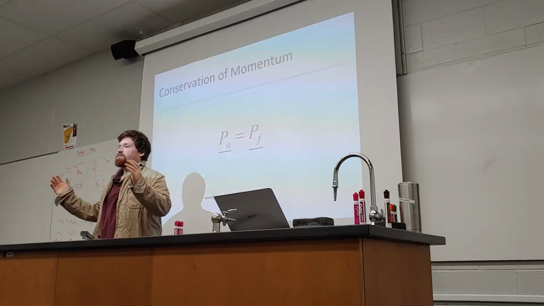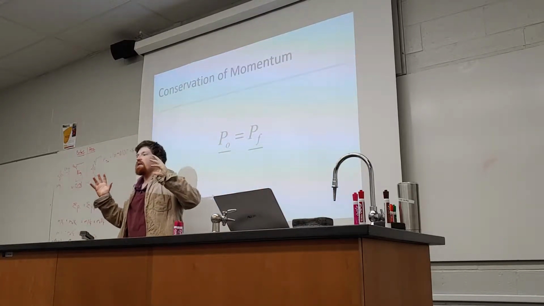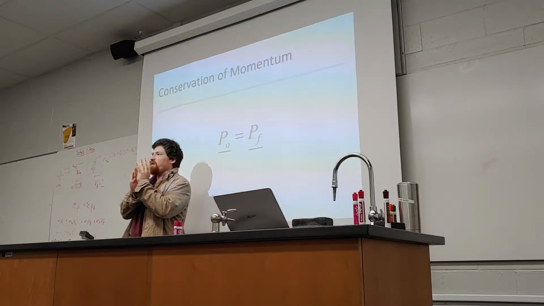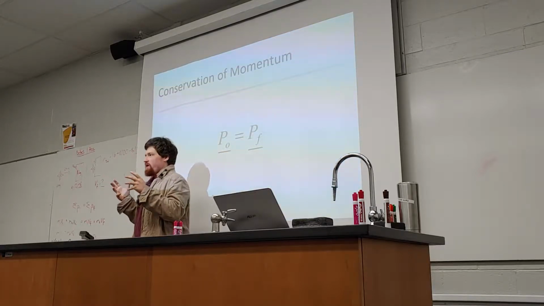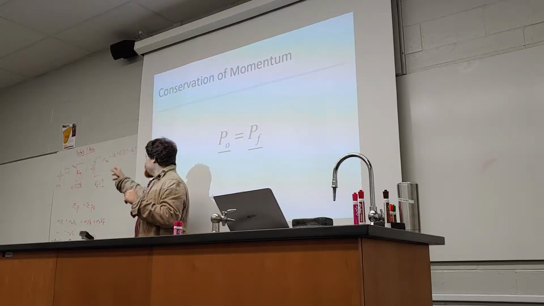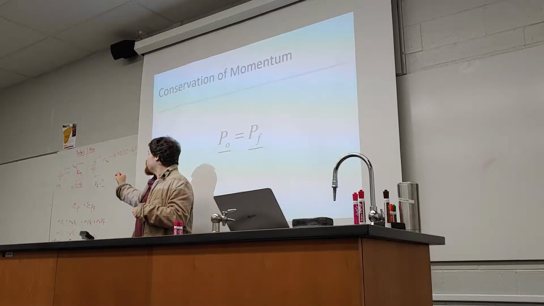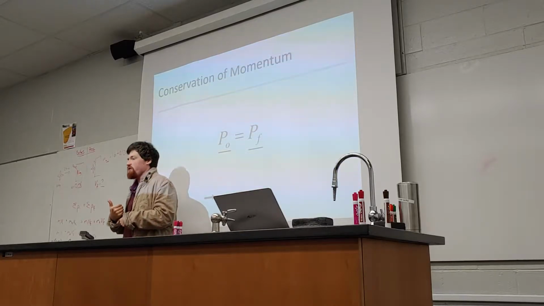Elastic objects, as we discussed when we were talking about elastic potential energy, are able to deform and store energy inside of that deformation and then go back to normal by releasing that energy. But metal and wood aren't really very elastic. Neither of these objects are able to go back to their original shape after the collision.